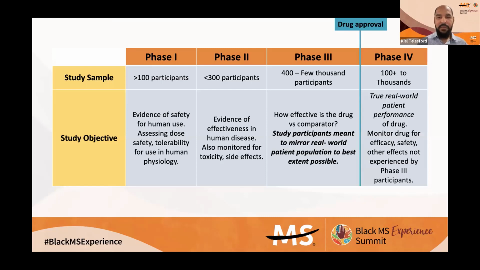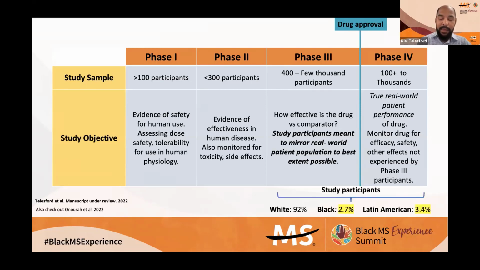The size of these trials can range, but they are important because you're trying to capture how the therapy would interact with MS in the real-world population that we're trying to treat. So this is a key phase as well, even though it's not usually talked about.